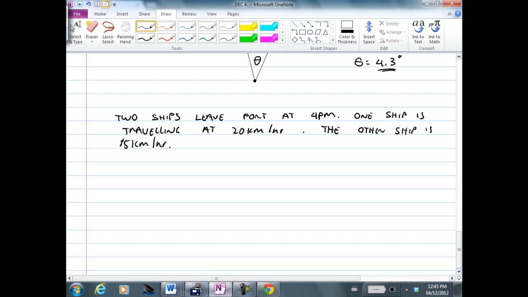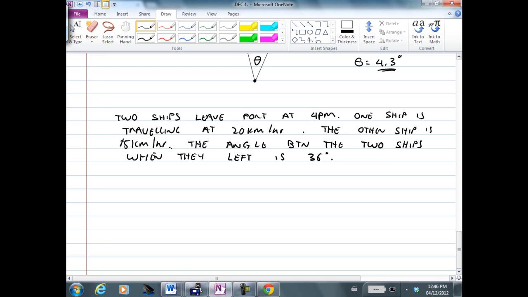So 2 ships leave port at 4 p.m. One ship is traveling at 20 kilometers per hour. The other ship is 15 kilometers per hour. The angle between the 2 ships when they left is 36 degrees.